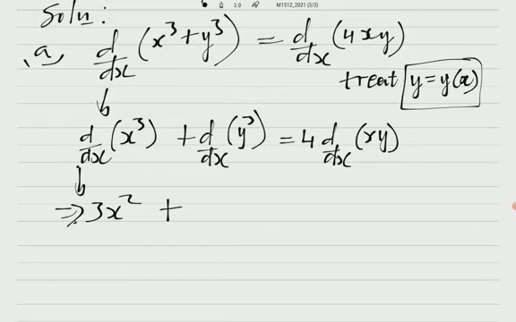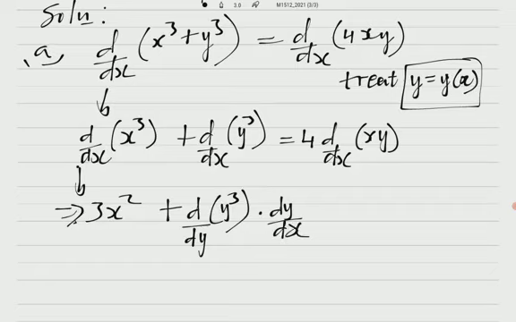Now the challenge comes when you get here. When you get here, you want to differentiate y cubed with respect to x. So the best way is to apply chain rule. Start first by differentiating y cubed with respect to y, and then remember you need to multiply by dy dx. That's chain rule.